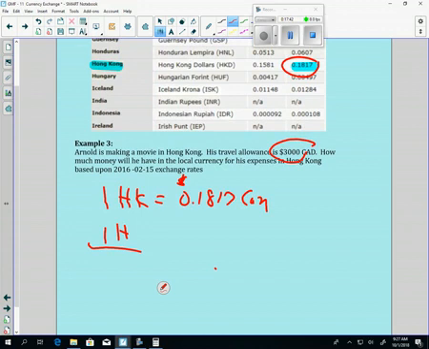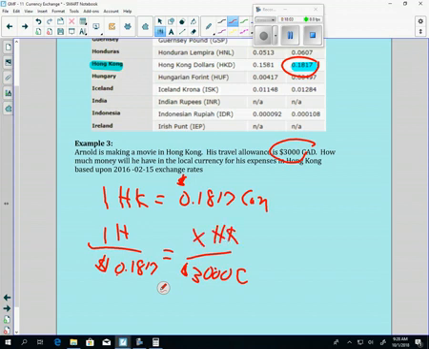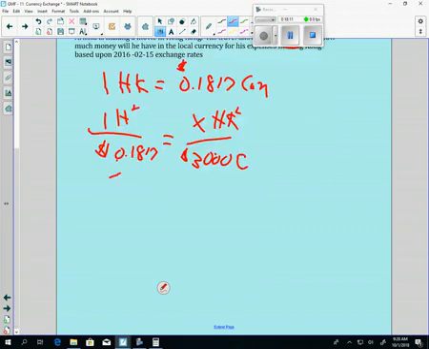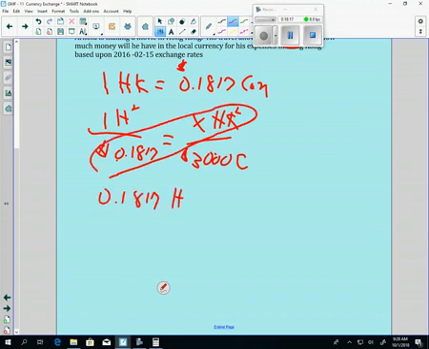You notice I put the symbols there so I don't get confused on which is which. Now, they tell me I got 3,000 Canadian. Well, because I got Canadian on the bottom, I put this on the bottom. And I need to know how many Hong Kong dollars I'm going to get. So that goes on the top, Hong Kong, Hong Kong. And again, just cross multiply. That's going to be 0.1817 HK equals 3,000 times 1, which is 3,000.